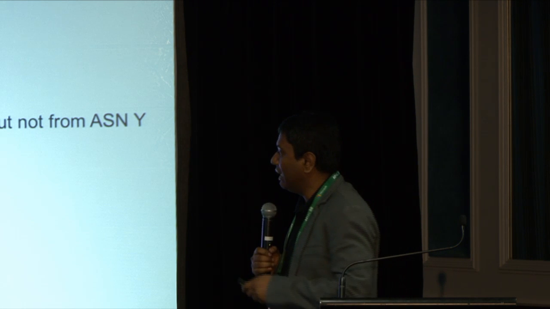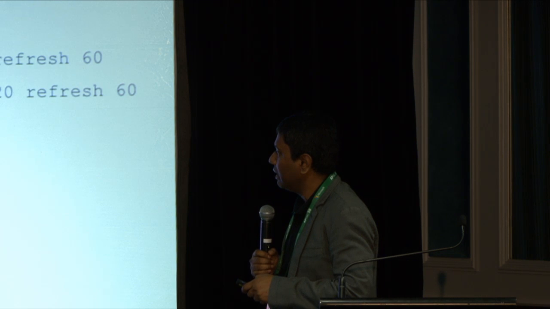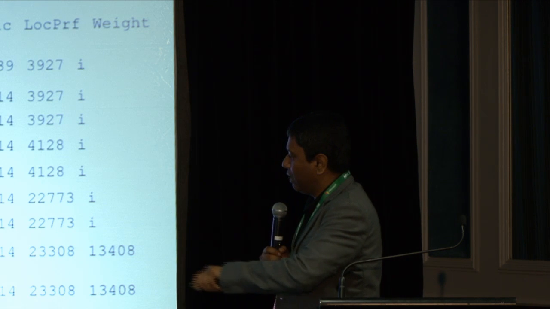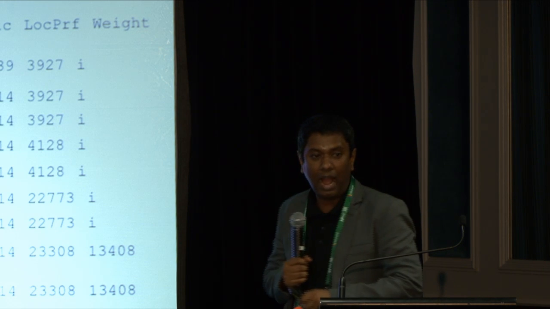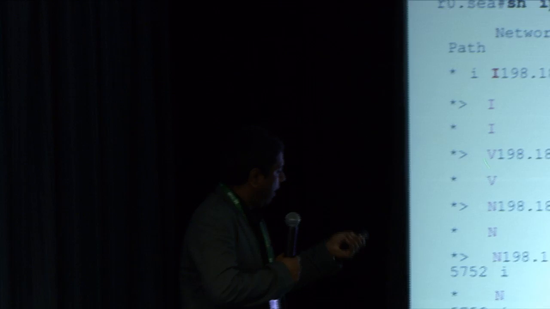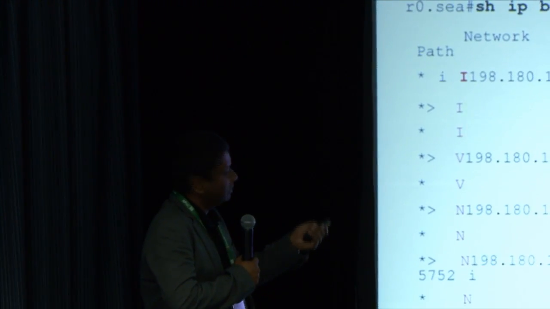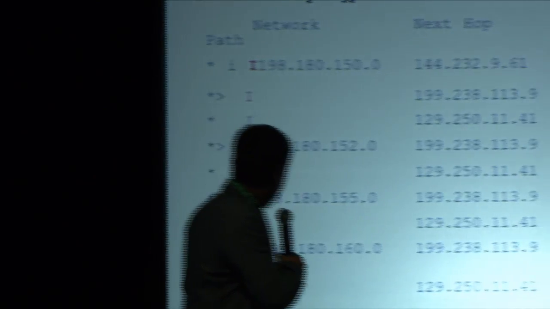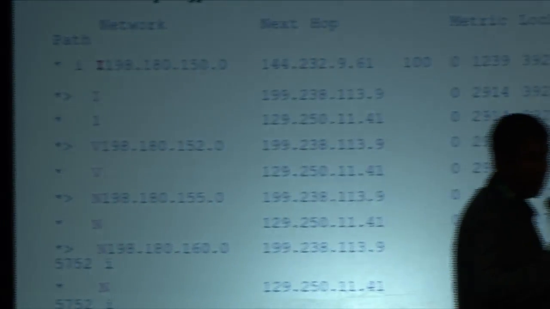So if you look into your BGP table, it looks like this. This is what a BGP table looks like after implementing RPKI. And you'll see those tags here with every prefix. I stands for invalid, V stands for valid, N stands for not existing.